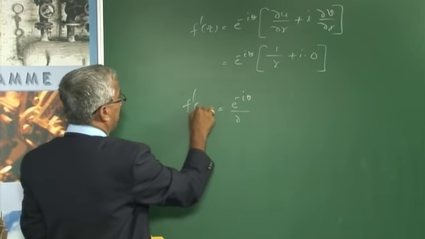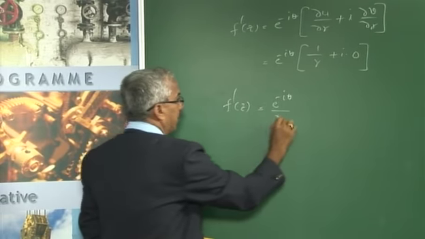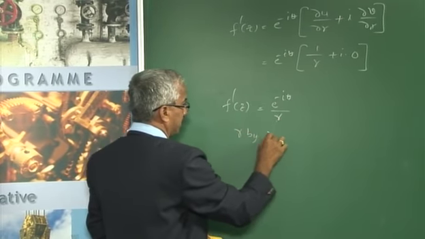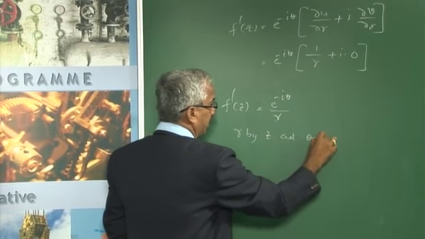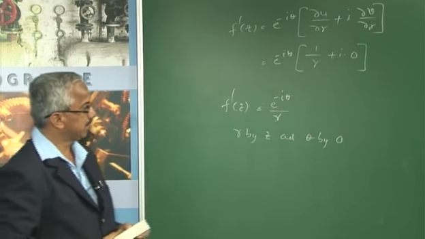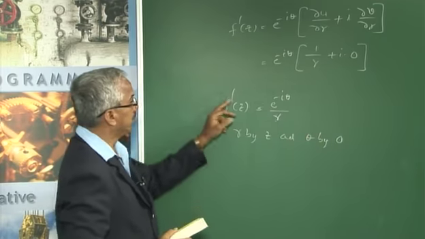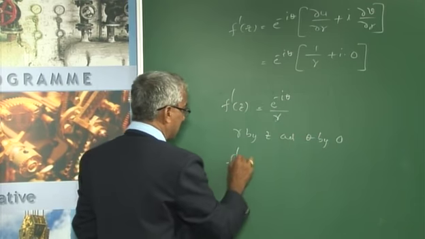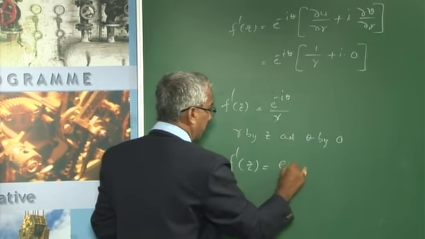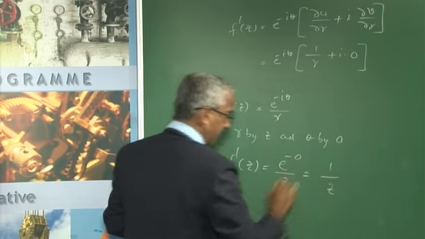Then by using the Milne-Thomson method, which says replace r by z and theta by 0, that gives f dash z is equal to e power minus 0 divided by z, that is 1 by z.